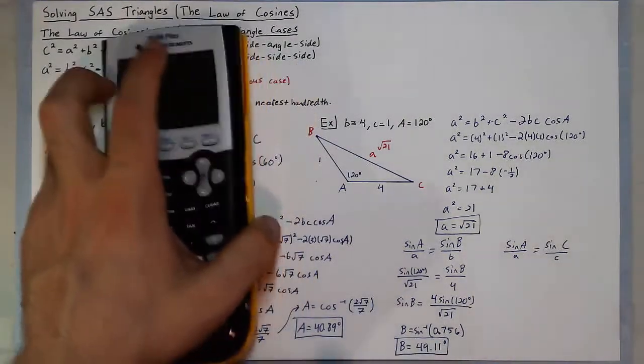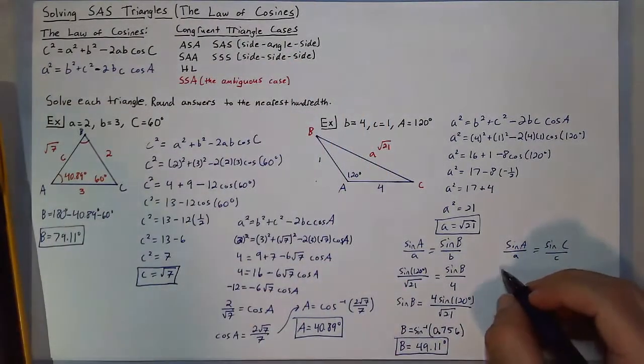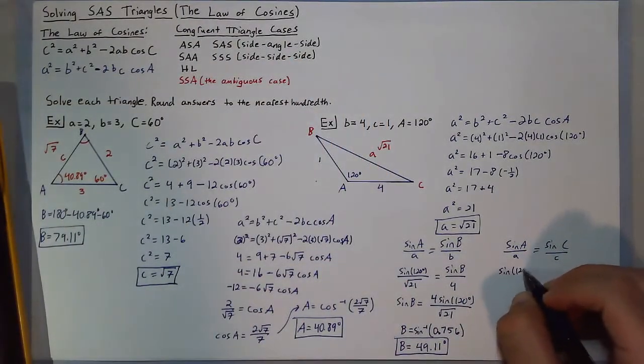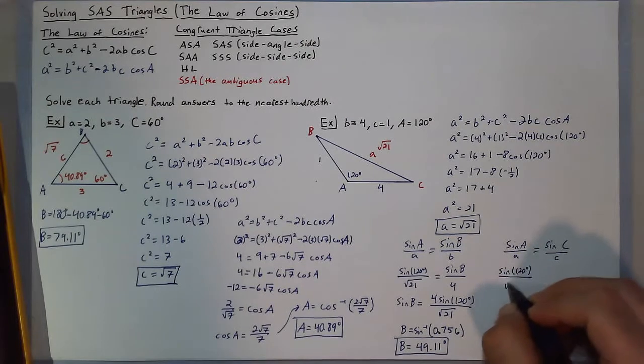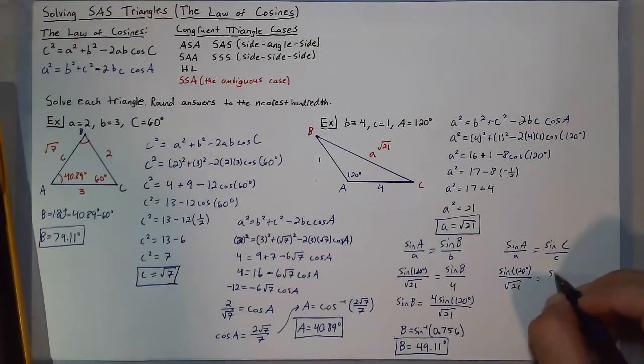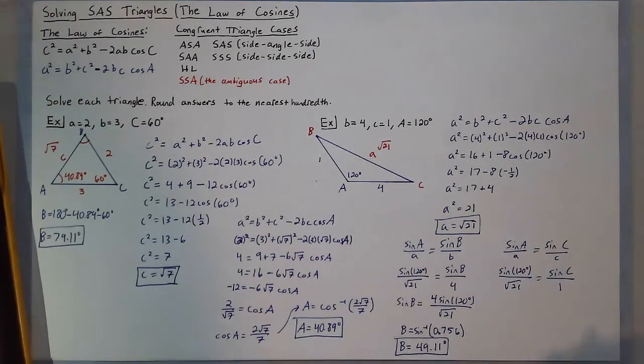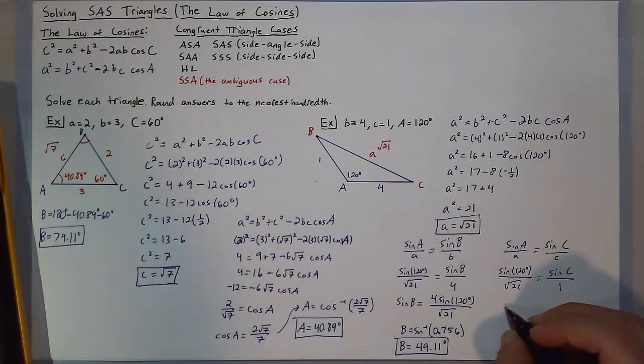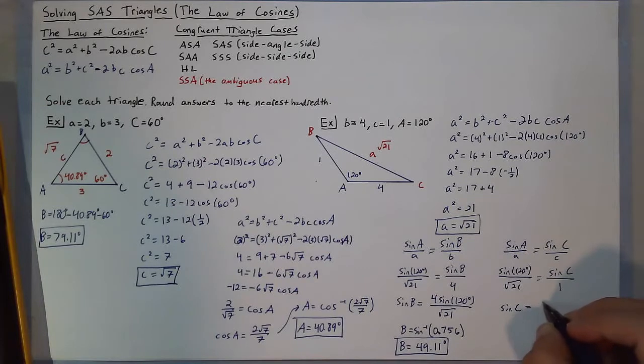It won't exist. And again, solving the other equation, I'll get sine of 120 degrees over the square root of 21 is equal to sine of C over 1. Cross multiplying, I can get sine of C is equal to the sine of 120 degrees over the square root of 21.